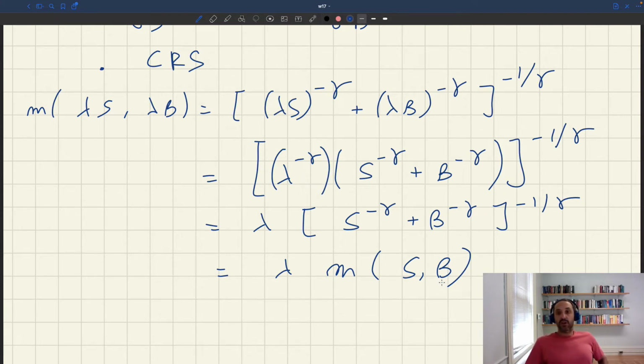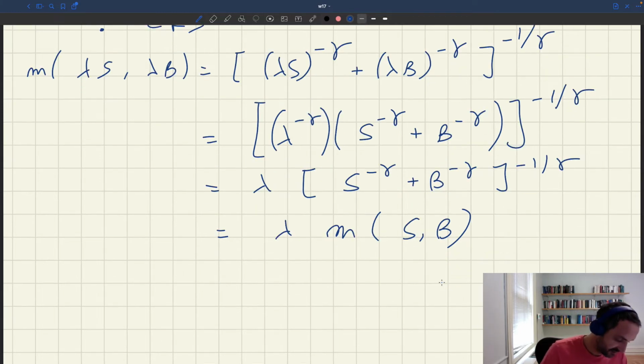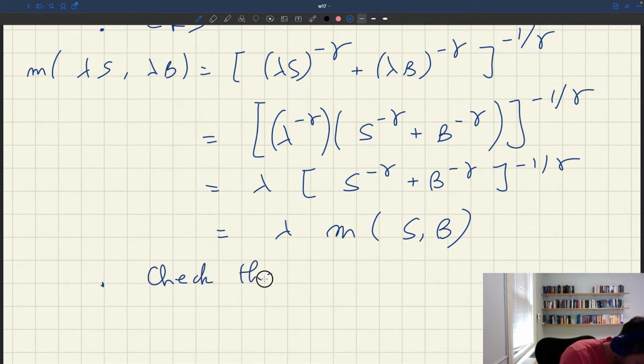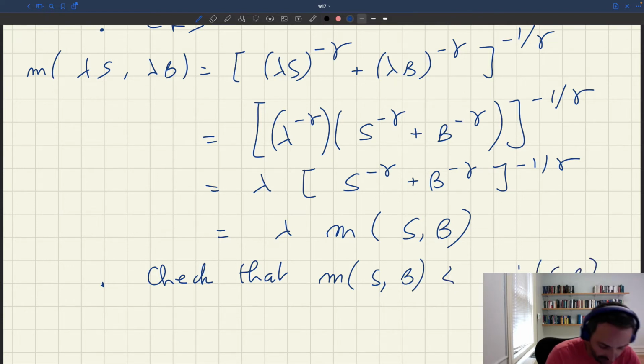And the last thing that we can check with our CES matching function, of course, which was the motivation for that function in the first place, is that at any point in time, the matching function is less than the minimum of the two arguments. So we want to check that the matching function for a given number of sellers and buyers is strictly less than the minimum of the number of sellers and buyers, so that the number of trades is never more than the short side of the market.